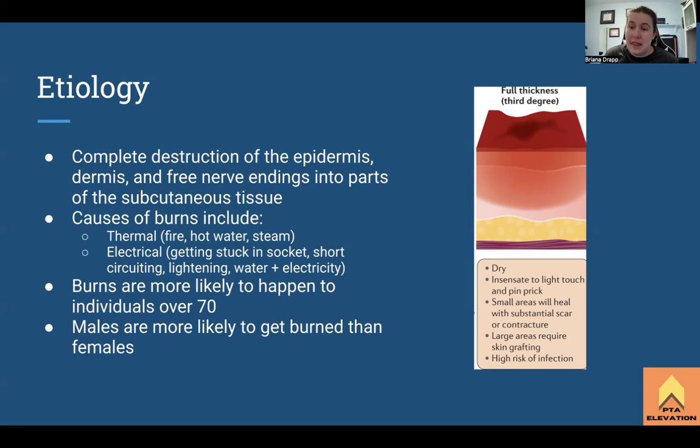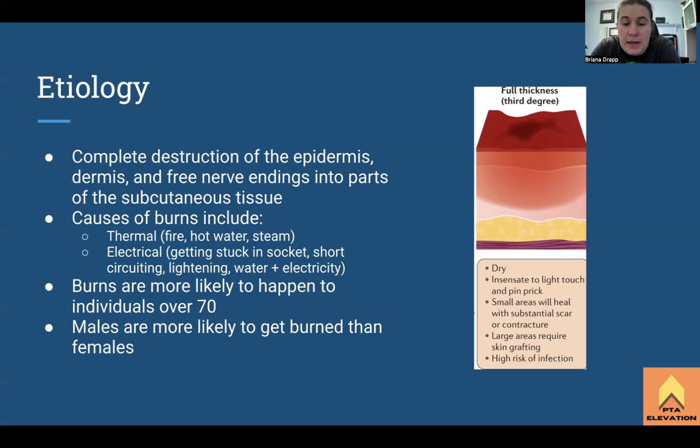Stuff like that still exists and people use them because they've had them since the 90s, and those can burn people. So that's a big thing. Again, those would be less likely to become a full thickness burn, but older individuals are likely to burn.